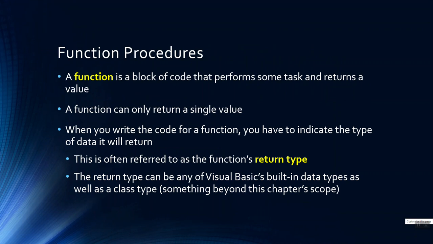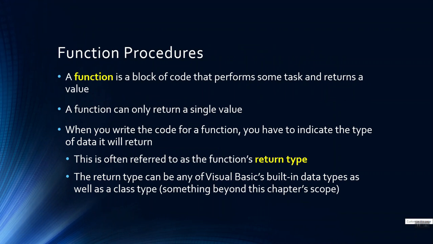So we're going to see a few modifications in the syntax for function definitions. One, of course, is the keyword sub will be replaced with function, but we'll also see the addition of what's called a return type. It's going to indicate the type of data returned from the function.